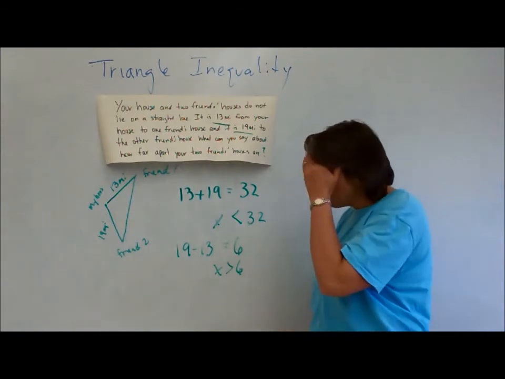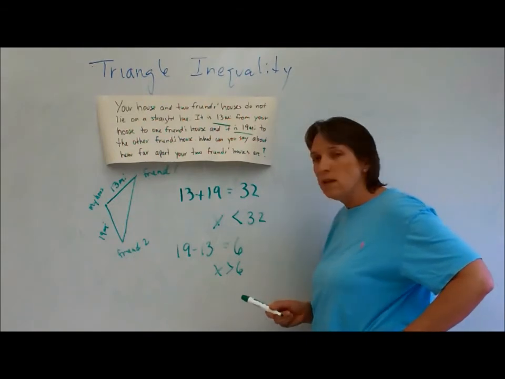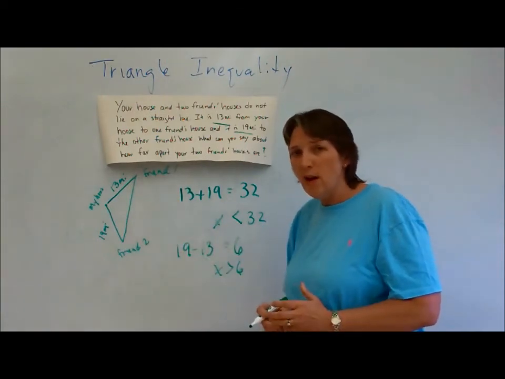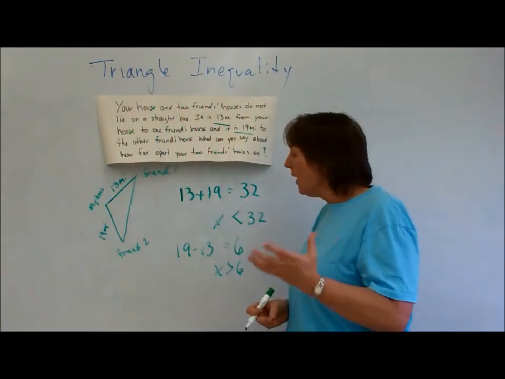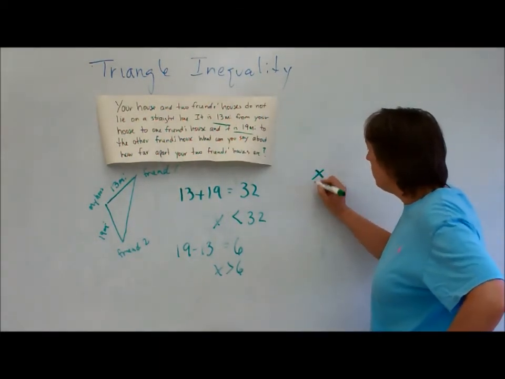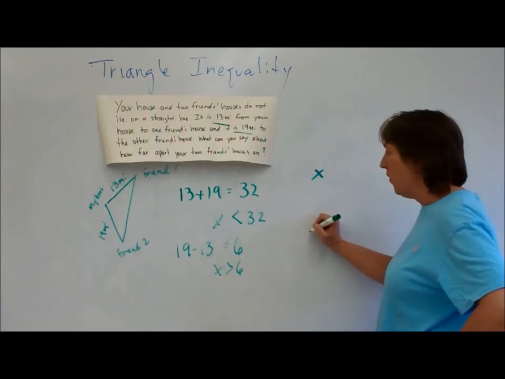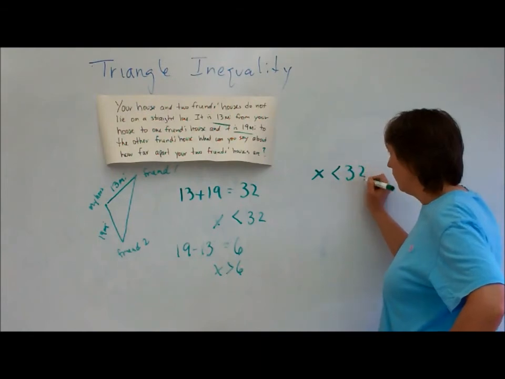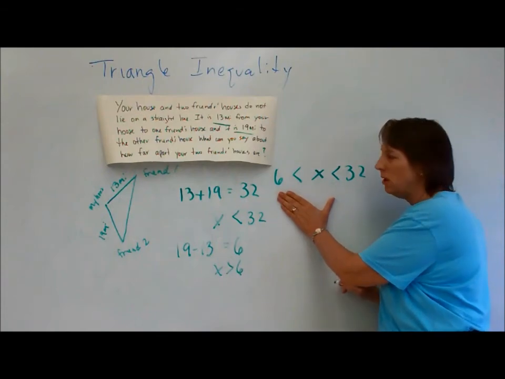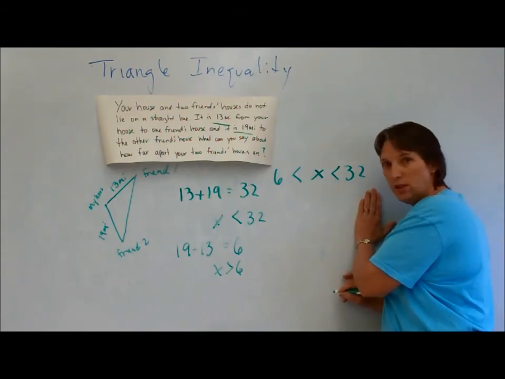Now look at this, and this is not in the book. This is a compound inequality. We can rewrite this showing the limitations of the distance between my two friends' houses. We write x in the middle: x is less than 32 and greater than 6.